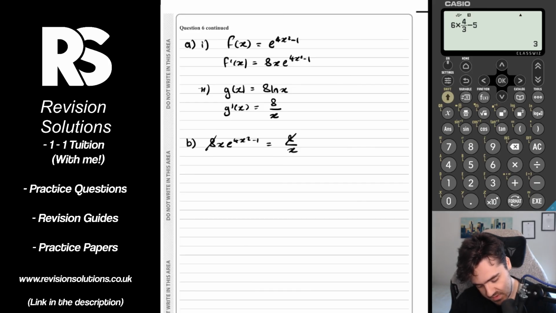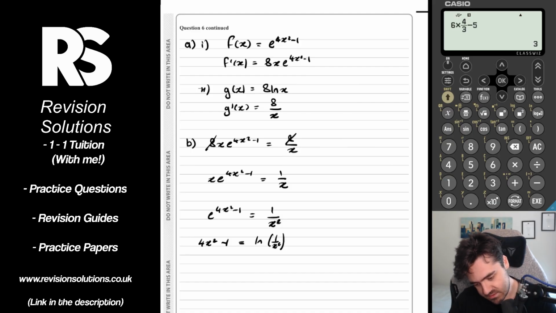Those 8s disappear. Then we'd have, well, let's take our time, x e to the 4x squared minus 1 equals 1 over x. Then dividing by the x, we'd have e to the 4x squared minus 1 equals 1 over x squared. Using the natural log property, we then know that 4x squared minus 1 equals the natural log of 1 over x squared.